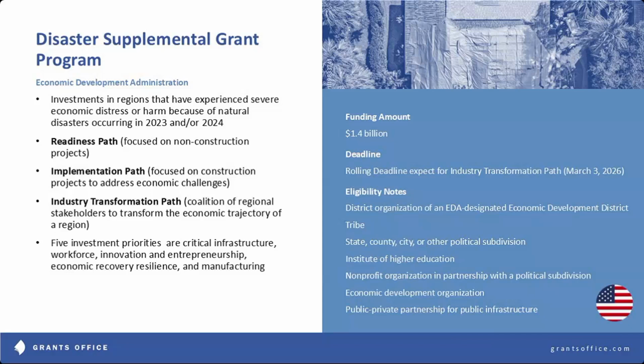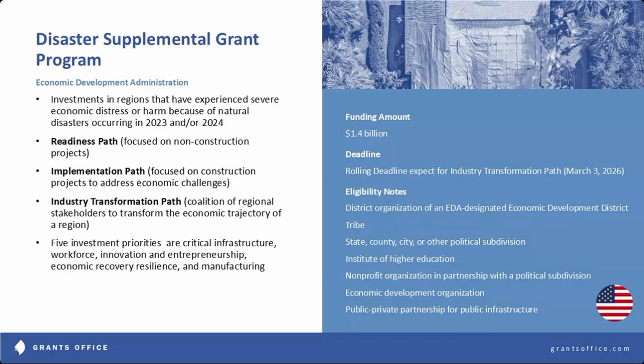The readiness path is really focused on the community's readiness to apply for or implement a disaster recovery funding opportunity. So it's really that planning side of things. You have the implementation path, which is really focused on construction projects to help address economic challenges faced by a community recovering from a national disaster, as well as to help improve the economic trajectory beyond pre-disaster economic conditions.